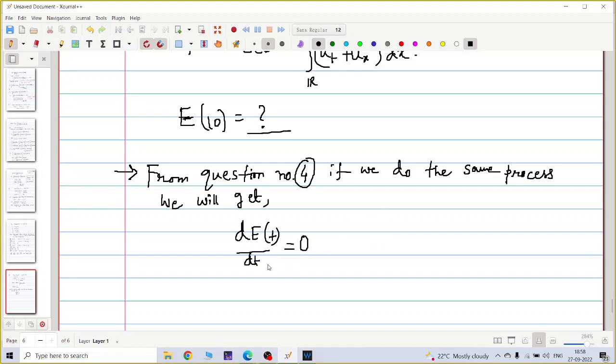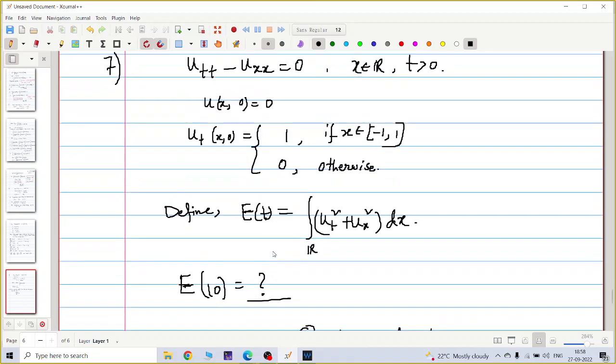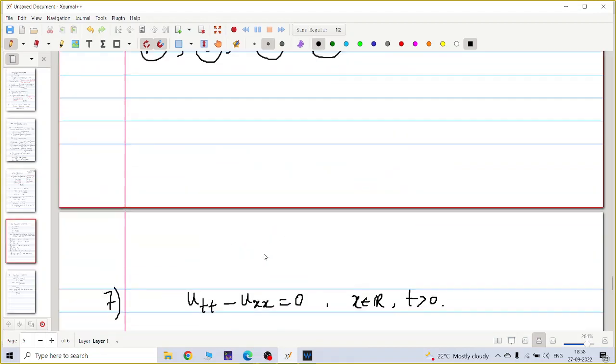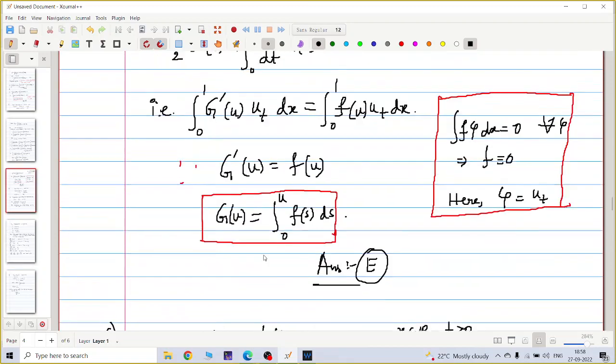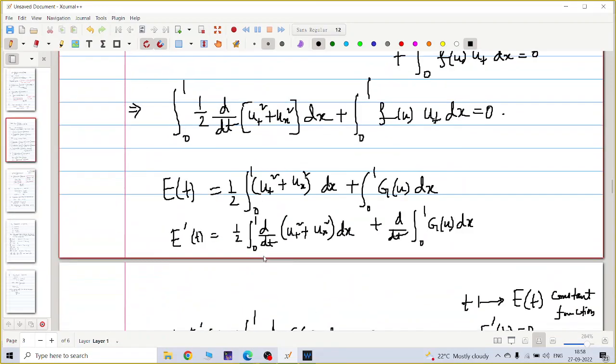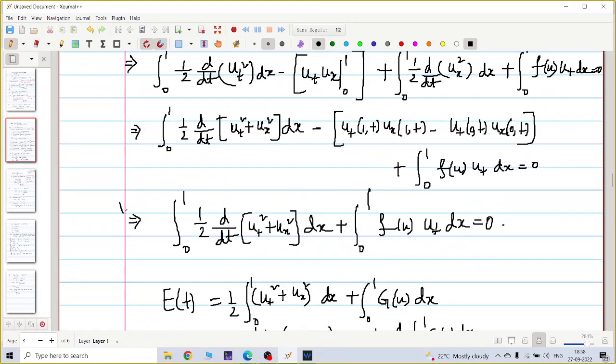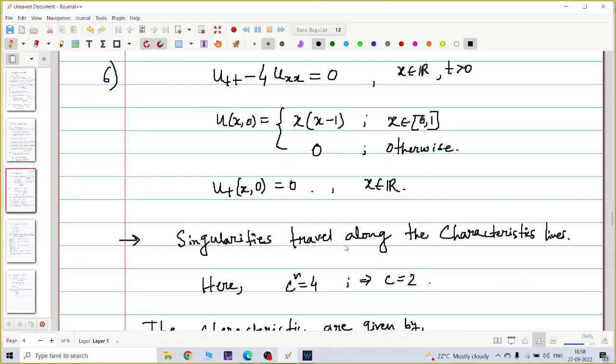F is called the reaction term, so there is no reaction term in my question number 7 equation. And in question number 4 I got this line: integral 0 to 1 d/dt of E(t) plus integral 0 to 1 f u_t dx equal to 0. But there is no f in my question number 7. So I got d/dt of E(t) equal to 0.